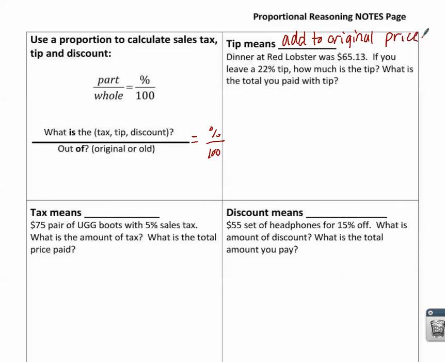So let's look at an example. Dinner at Red Lobster was $65.13. If you leave a 22% tip, how much is the tip and what's the total you paid including the tip? So you don't know how much the tip was, so that's your X. Your original price was $65.13.